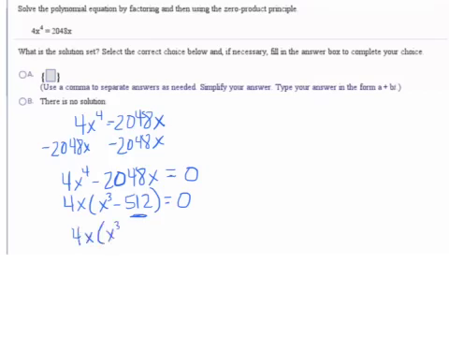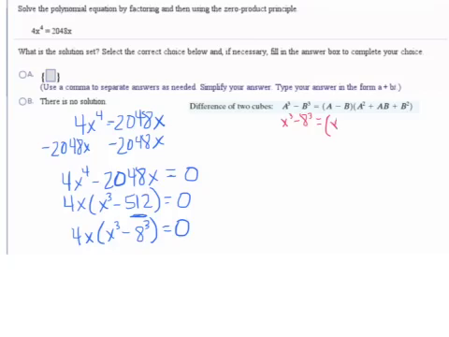So I'm going to rewrite it just like this, just for a minute, because I looked up the formula. It's on page 80 in your textbook, and I'm going to pull that in so that you can see how this factors. So here's our formula. Since we have x cubed minus 8 cubed, x is our a and 8 is our b, so we'll just replace those in here and we'll have it factored.